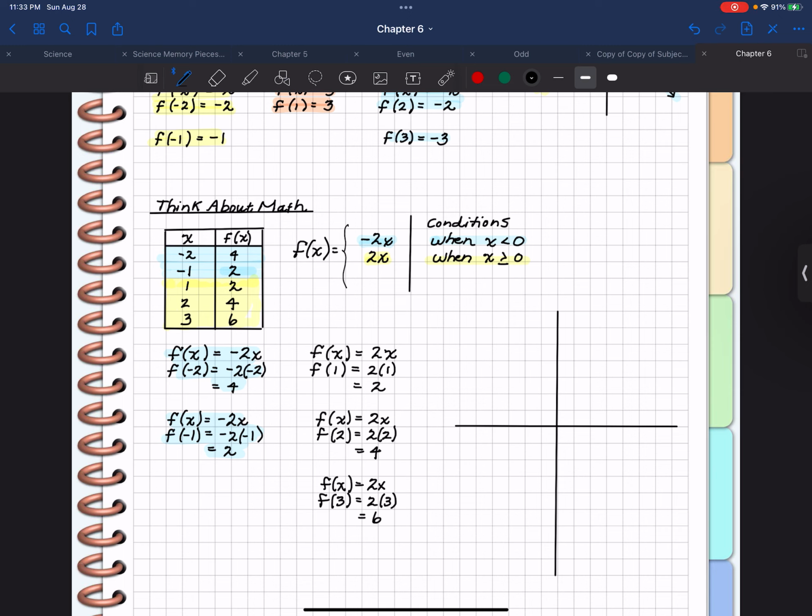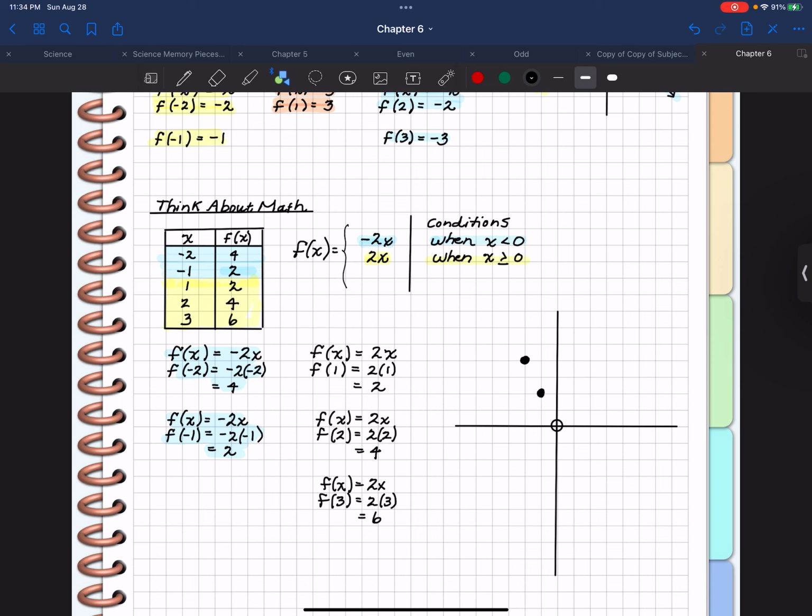And then we have -2, +4. That will be a point. We have -1, 2, and that will be a point. And that is true when x is greater than 0. So I'm going to put an open circle right there.